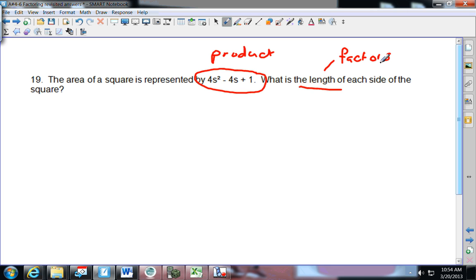What do we know that's true about a square? Yeah, on a square, all the sides are equal. So that means whatever I come up with, the factors have to be the same. So that's something that's going to help us figure out what our factors are.